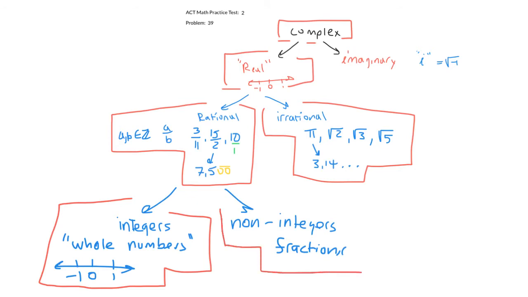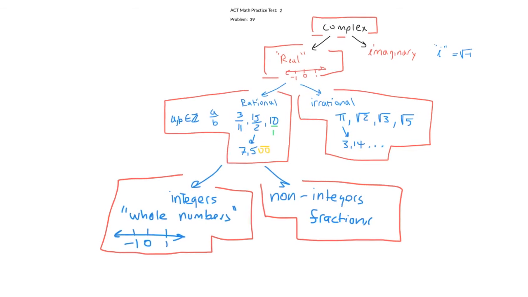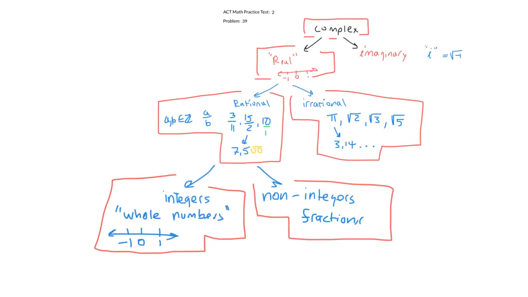They can be split into either integers or non-integers, okay? Might as well draw a box around imaginary as well. So it started with complex, which breaks into real and imaginary. We kind of left this one alone because imaginary is just imaginary. Just leave that alone for now.